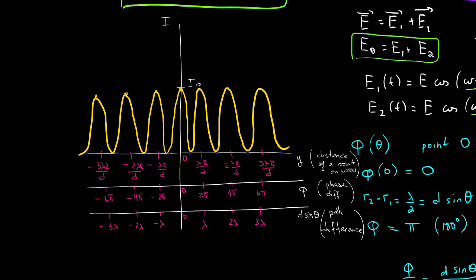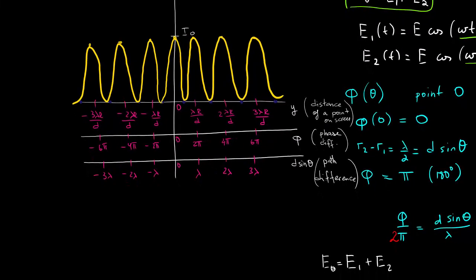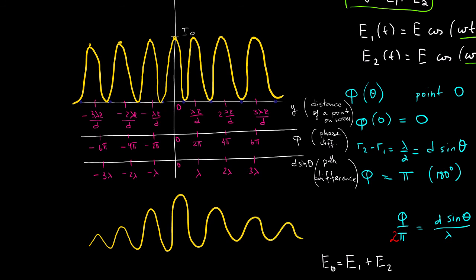This is never quite true, though, as we shall see when we discuss diffraction later. We will see that the central maximum is strongest and each succeeding maximum to each side is a little less strong. So you might want to imagine something like this. So we will see this when we discuss diffraction.